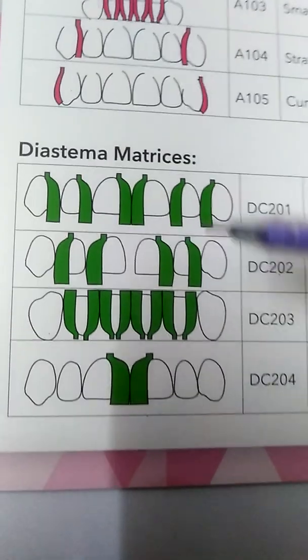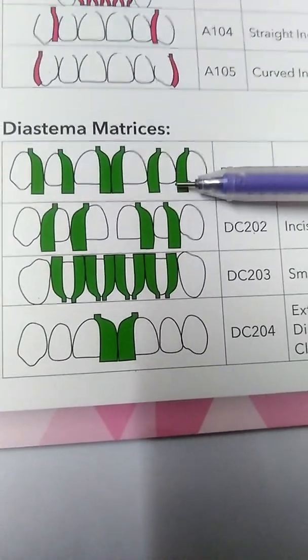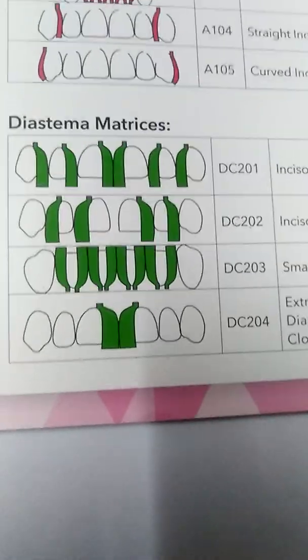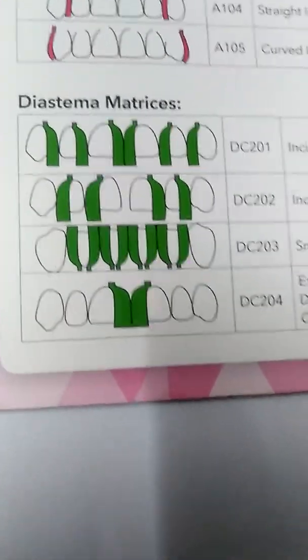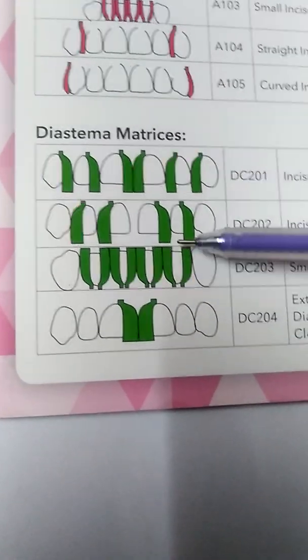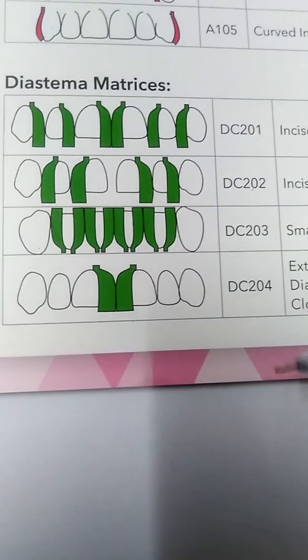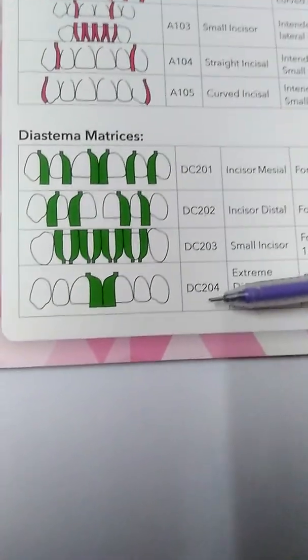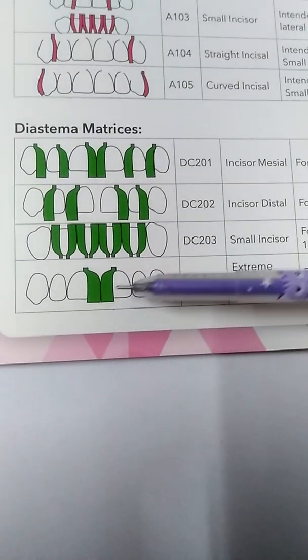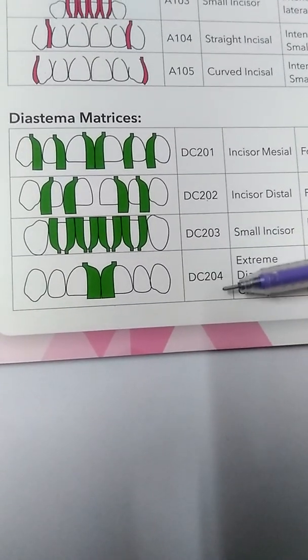Now let us see about the DC series. The DC series is used when the gap is more than 1 mm. Again the same: 201 means mesial, 202 means distal, 203 means lower incisors, and very rarely we use 204. If the diastema is more than 2 mm, then you have to use 204.